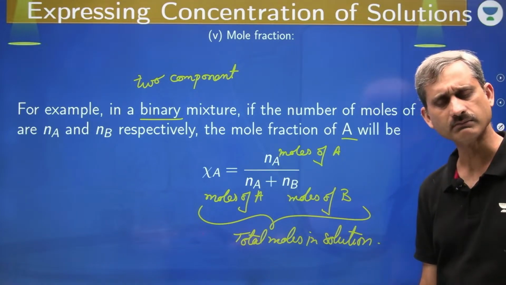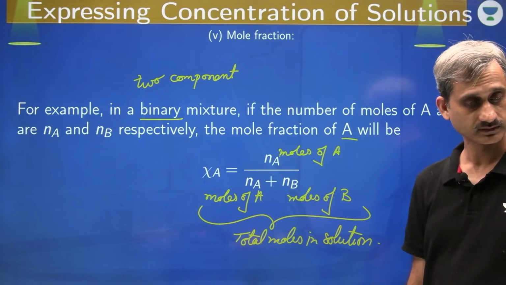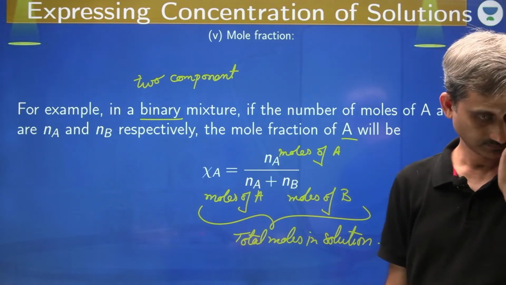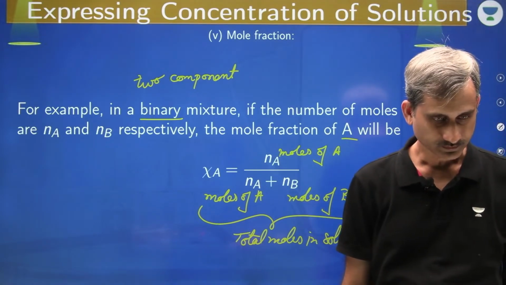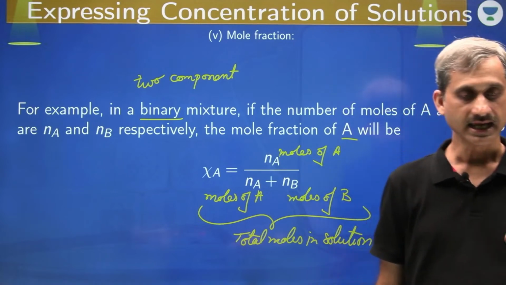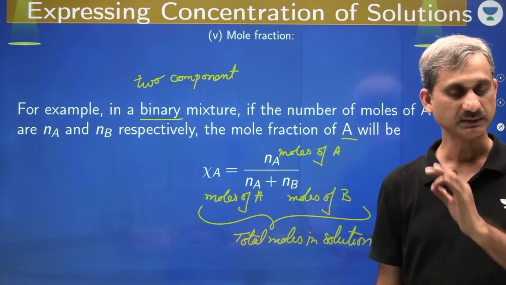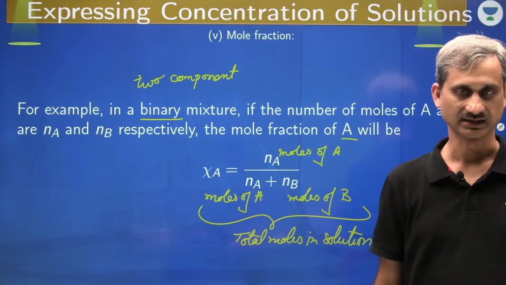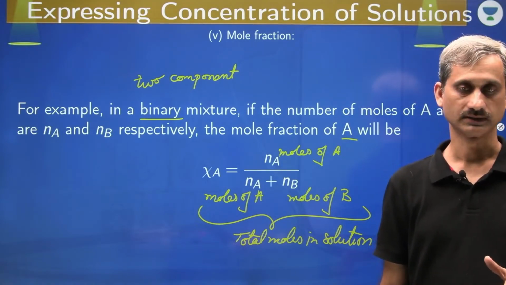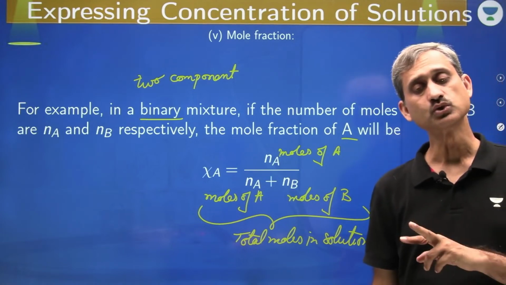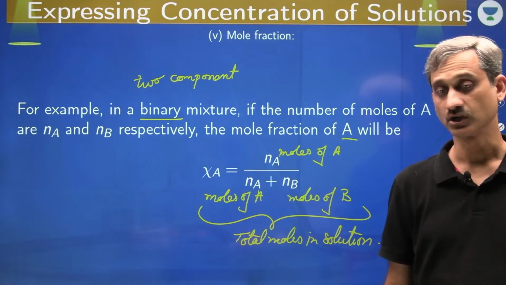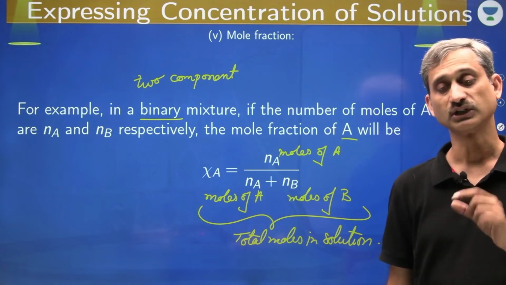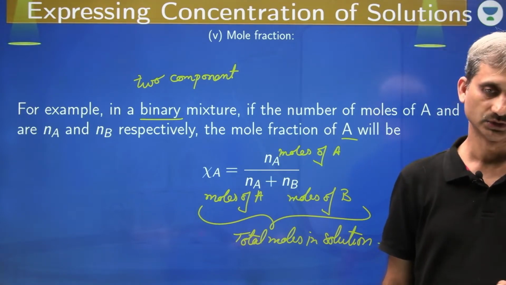I hope you remember how to find the number of moles. Okay. Aditya, XA plus XB is equal to 1 for a binary system. You need to specify that, otherwise it's going to become wrong. If there are more than two components, then XA plus XB is not going to be equal to 1. The third component also is going to have some value.